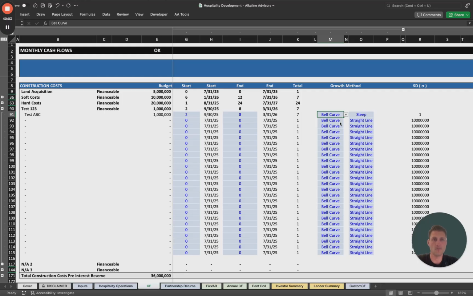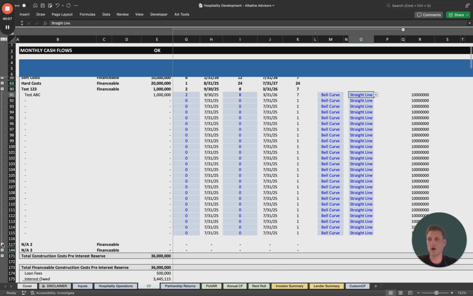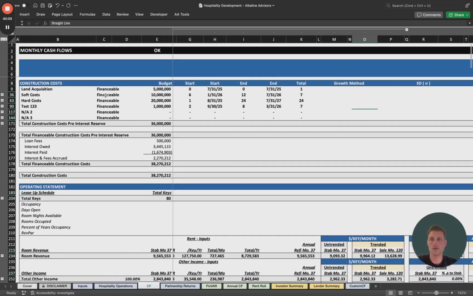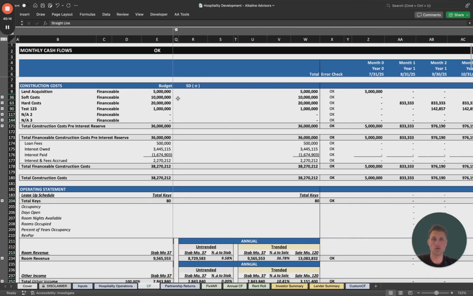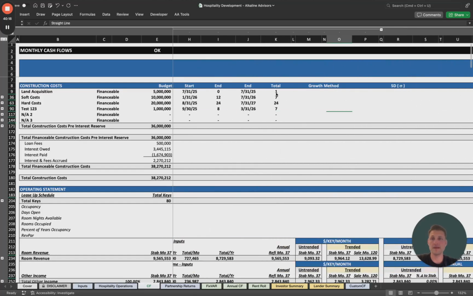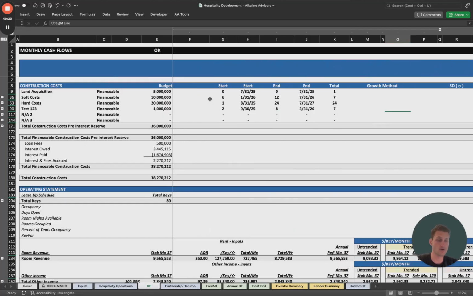So for this, let's go back to bell curve and let's make this straight line. So that's how we load in the inputs for the budget section, and that's how we deploy and allocate the budget across the construction period. And based on the timing, that is going to ultimately dictate when construction ends. So you'll see hard costs in this scenario end in month 24.